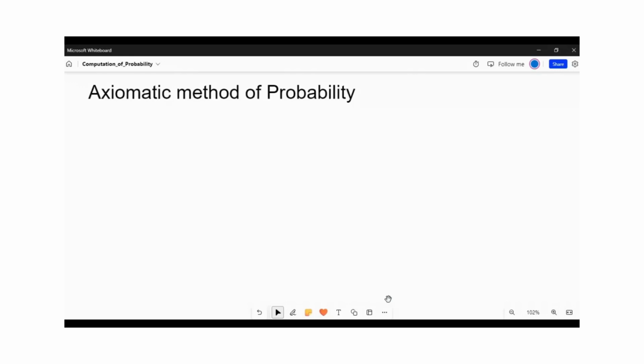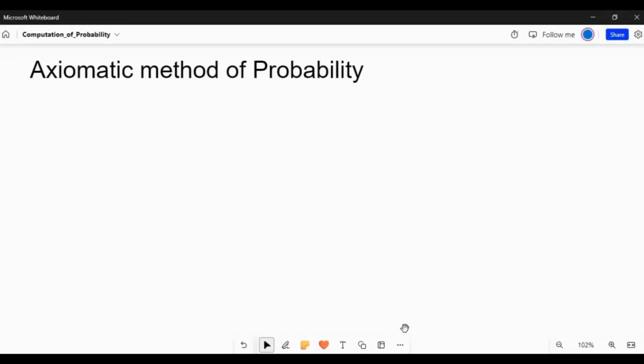Finally, Kolmogorov founded the axiomatic method of defining probabilities. He proceeded with the study of properties of probabilities. These properties of probability are founded on a set of axioms. So axioms are nothing but the properties of probability.